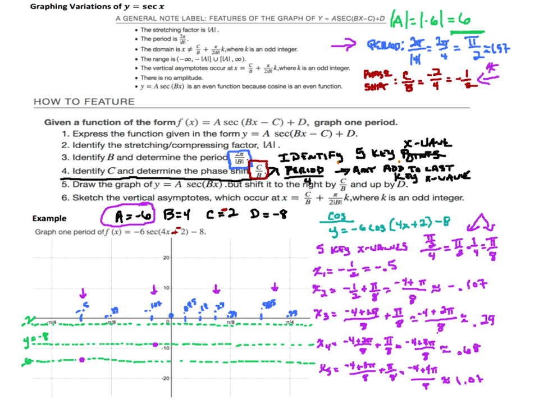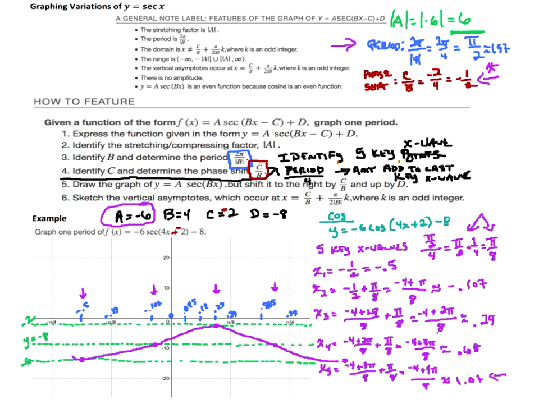At my next key x value, it's going to go through the center, and then it's going to peak out right in the middle, and it's going to come back to the midline, and then it's going to go down somewhere out in here. Like I said, it's off the graph. It's at an x value of 1.07. So here's what that looks like. I come up. It's a very wide-looking cosine function. Okay, so there's kind of my cosine.